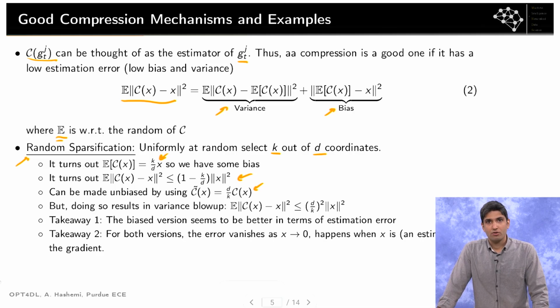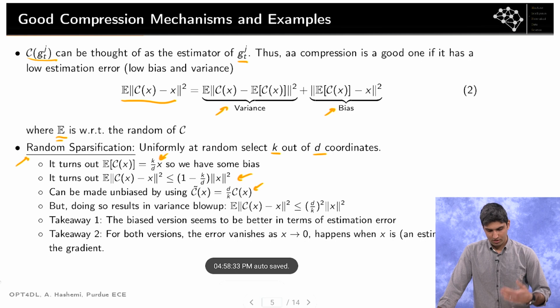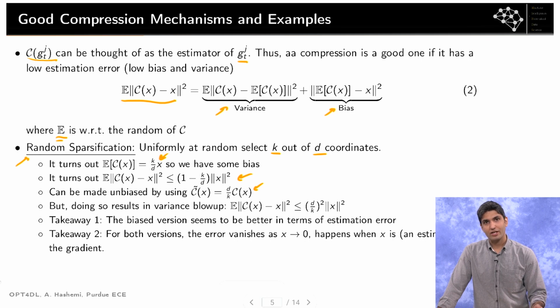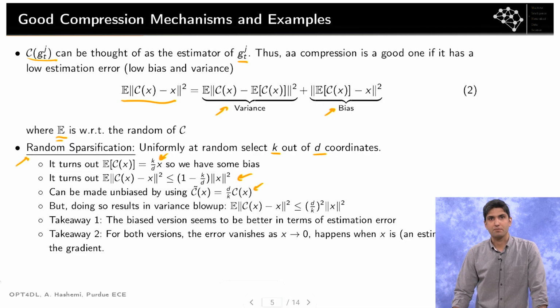Essentially what is going on here is that as a result of sparsification, we are reducing the power. That's why we are incurring some bias. Now, when I multiply with d over k, I am increasing the power again. Therefore, I am getting rid of the bias. So this results in an unbiased estimator or an unbiased compression mechanism.